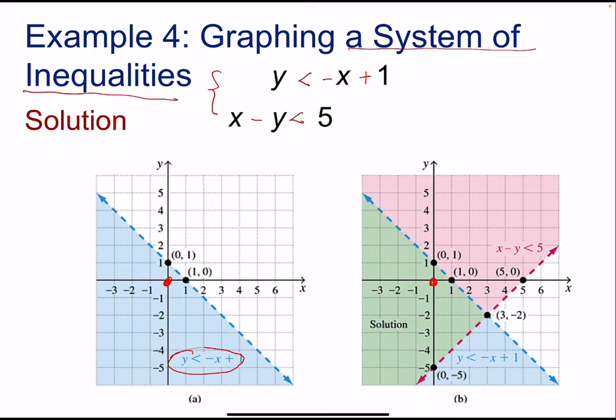So the solution for the inequality x minus y less than 5 is the half plane above the magenta line. So it is this half plane, right?